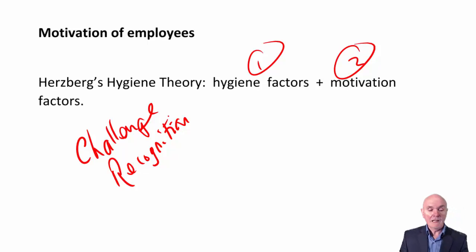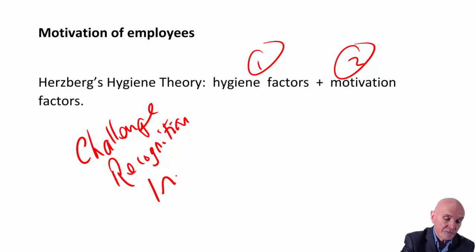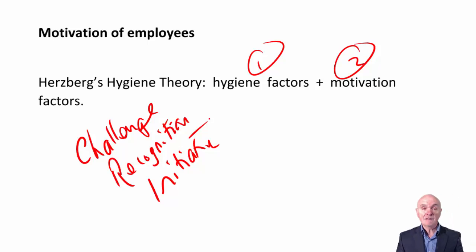So you do something well, your boss says, well done, your colleagues all say, oh, well done, they all see you're getting praise from your boss, and so on and so forth. That you can use some initiative. You're given some power to make decisions. Because if you're always just told what to do and can never make your own mind up, you can see that gets very wearing over a period of time.